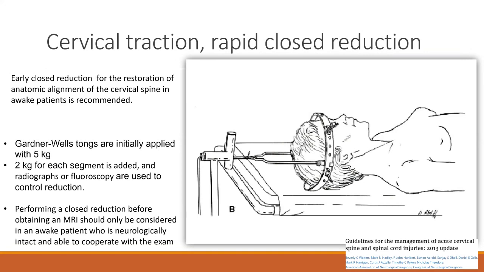Typically, once a Gardner-Wells or a halo is placed, an initial 5 kilograms is applied and then an additional 2 kilograms per segment is added over a prolonged period of time, with frequent neurologic monitoring and fluoroscopy to ensure that the patient does not develop any new neurologic deficit or changes, at which point the traction may have to be halted.